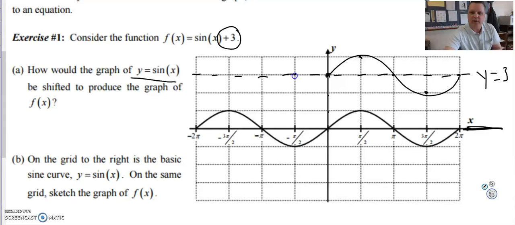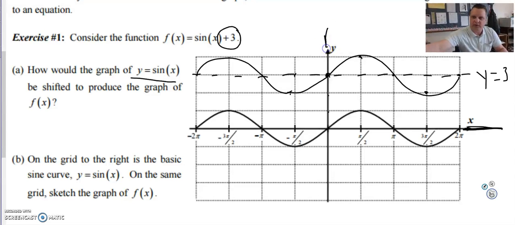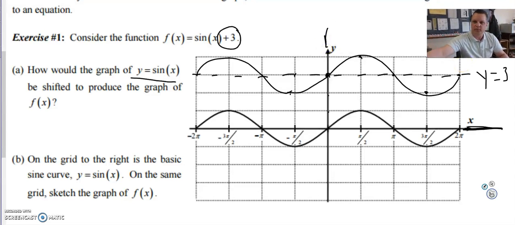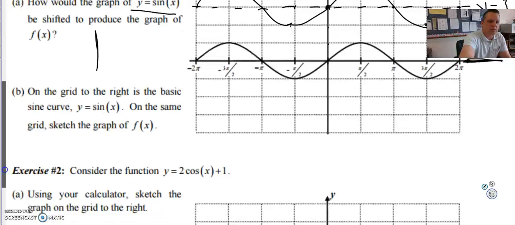And it does the same as you go to the negative, to the negative 2 pi. Usually the graphs are going to be between 0 and 2 pi, usually. Sometimes you might see it between negative pi and pi. But that is the graph of y equals sine x plus 3.